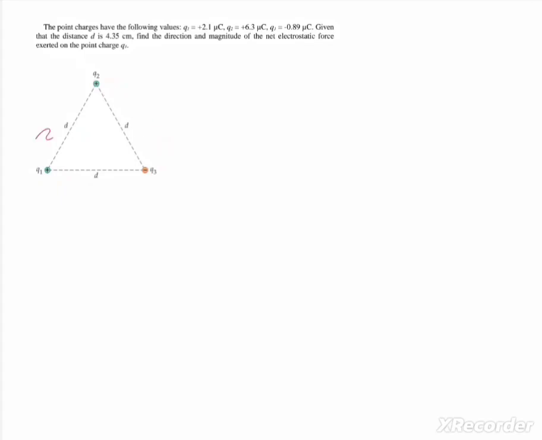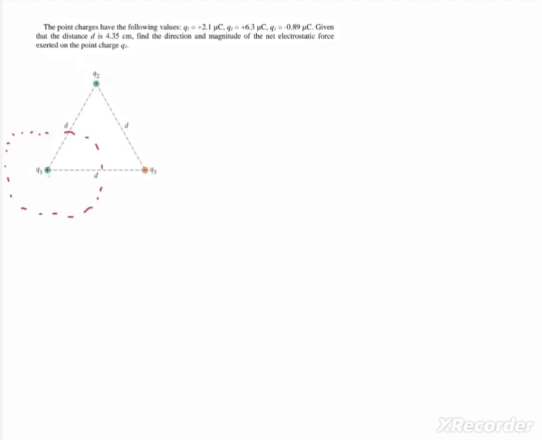So what we would like to do is draw a little box or a circle around Q1, and we are going to draw our arrows, our directions, inside this circle. So let's look at Q1 and Q2. Now they are both positive, meaning they repel.